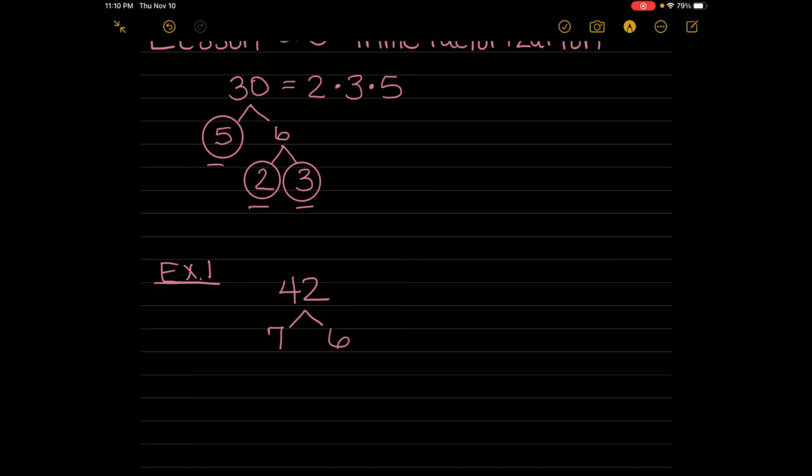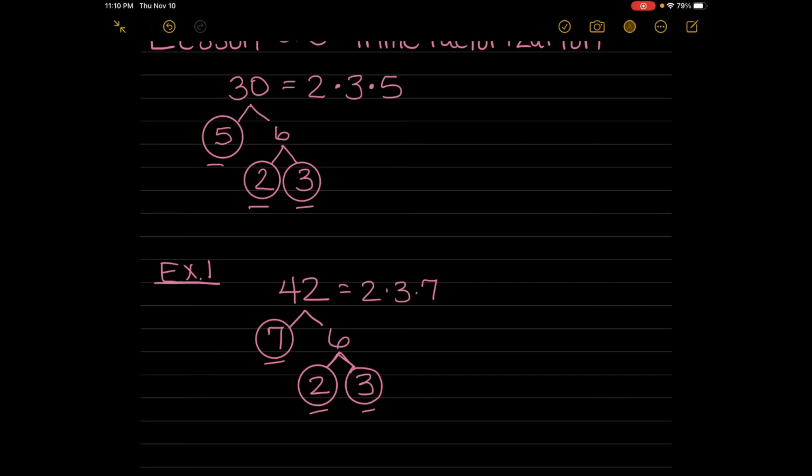Okay, so if I say 7 and 6, I look at those before I make any new branches and I say, okay, 7 is a prime number, so I'm going to circle it. 6 is not prime, it's 2 and 3, so I make branches off of it and make 2 and 3, and then I circle those to be my prime factors. So now I'm going to put them in order from least to greatest. So I have 2 times 3 times 7. So up here, I'm going to put equals 2 times 3 times 7.